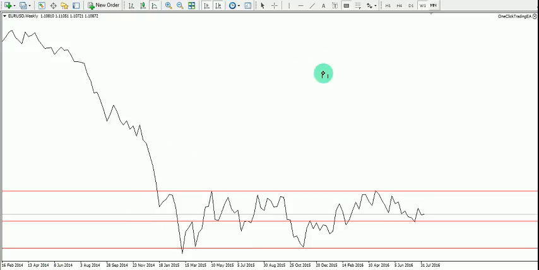Now, what is the zone where you can rate it as an A plus zone? On this chart, I would rate the A plus zone on the edges.